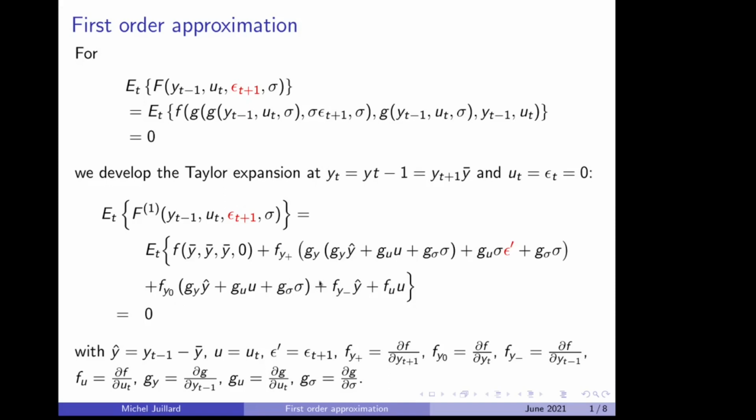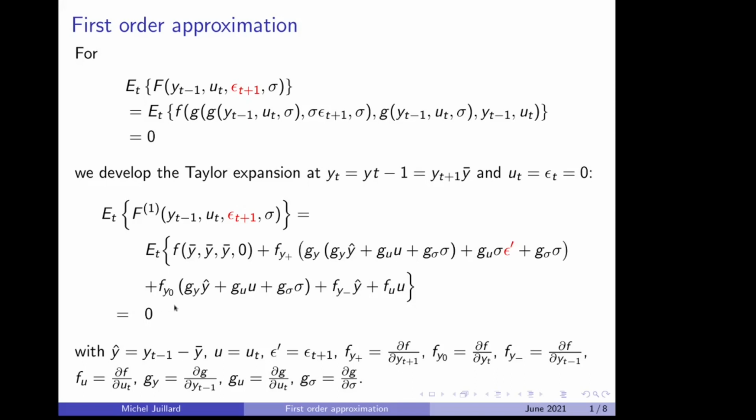We do it by block of first order derivatives. The first order derivative of y plus is defined as the partial derivative of f with respect to yt plus 1. And same thing for y0 with respect to the current variable, f y bar with respect to the previous period variable, and fu with respect to the shock.